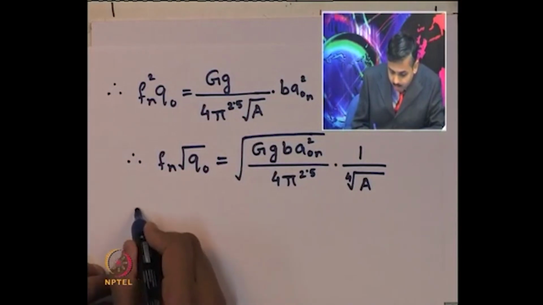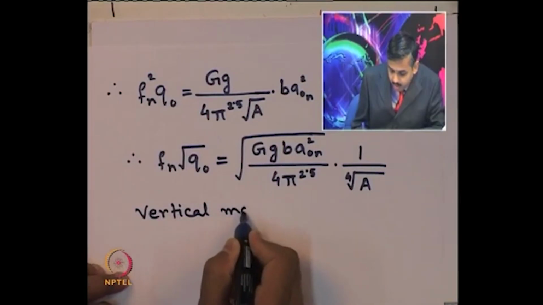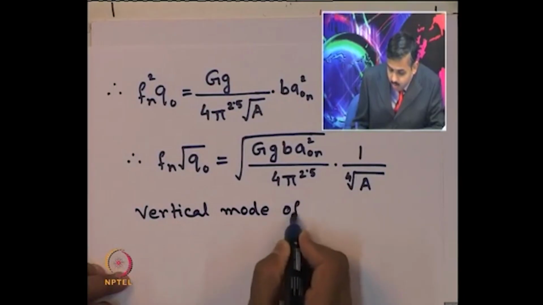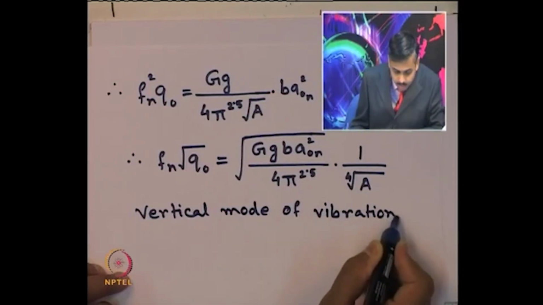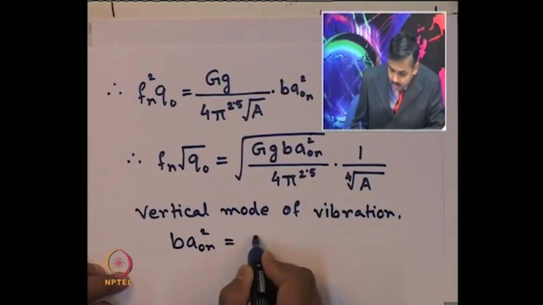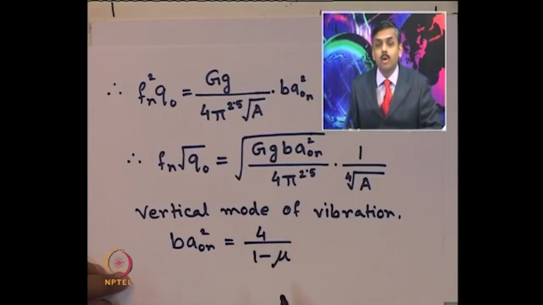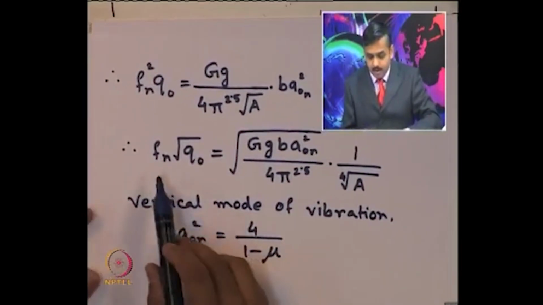Now, for vertical mode of vibrations, B A naught n square can be simplified and written as 4 by 1 minus mu, that we have seen in our problem number 1 also. So, what further simplification we can do for this expression?